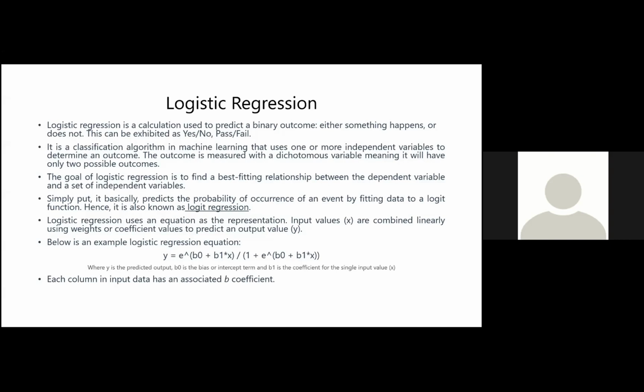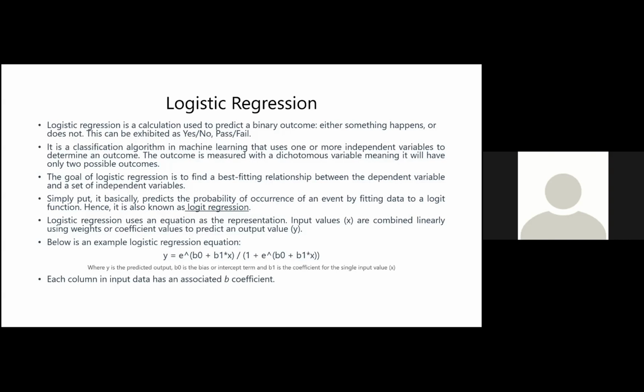The goal of logistic regression is to find the best fitting relationship between the set of independent variables and the dependent variable. It predicts the probability of an occurrence of an event by fitting the data into a logit function. That's the reason why it's called logit regression.